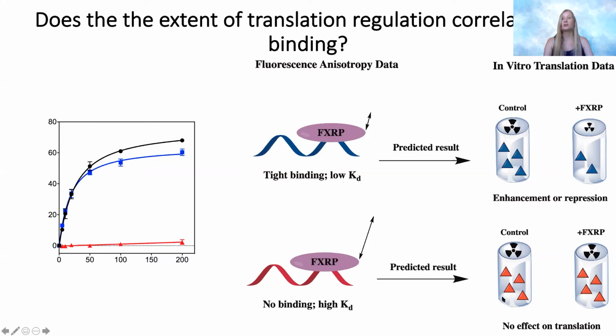I can then use in vitro translation assays to determine which mRNAs my protein regulates the translation of, and determine whether this leads to a decrease or an increase in production of certain mRNAs into the proteins, or whether there is no real effect on the translation of this mRNA into proteins.